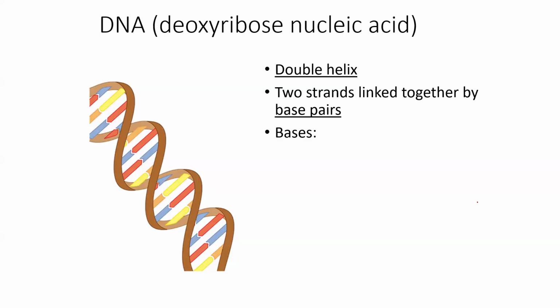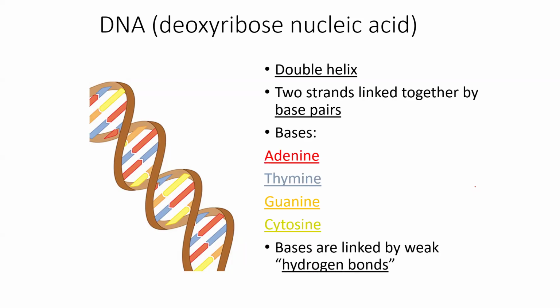You mean like A and T, and G and C? Okay, so DNA is deoxyribose nucleic acid, double strands with base pairs. Adenine and thymine go together, guanine and cytosine. So A, T, G, C are the base pairs, and they are linked by very, very weak hydrogen bonds.